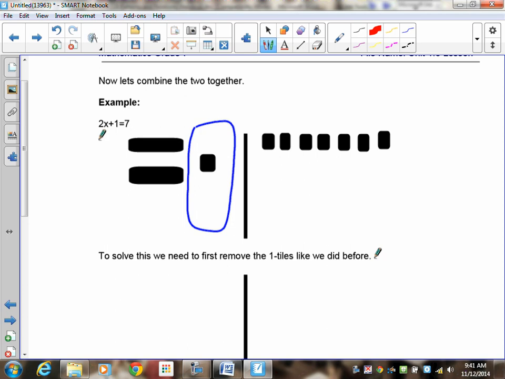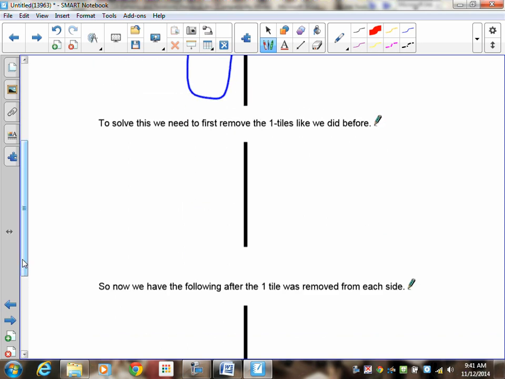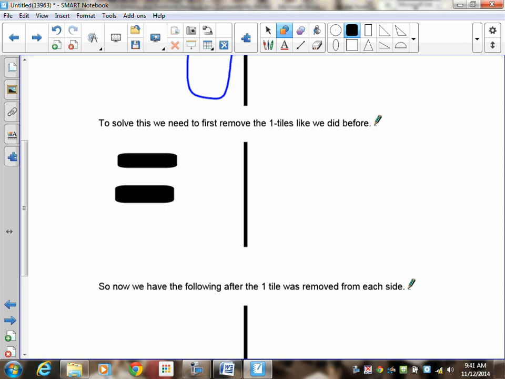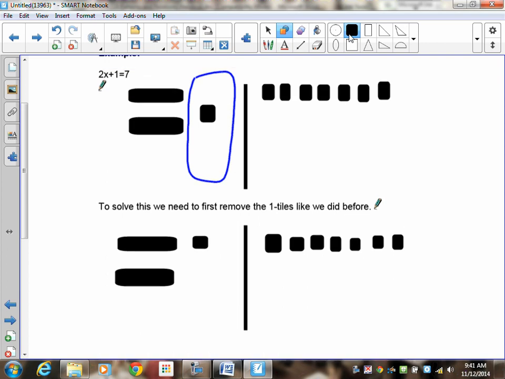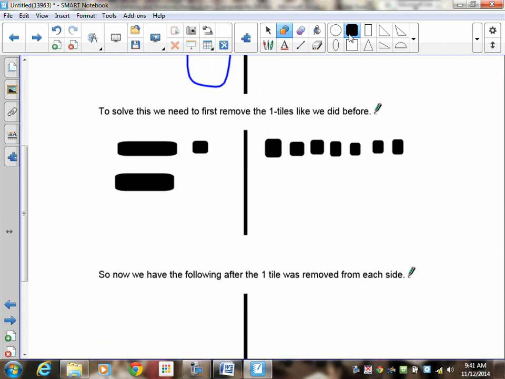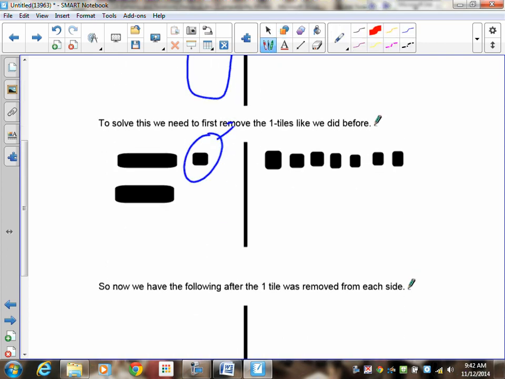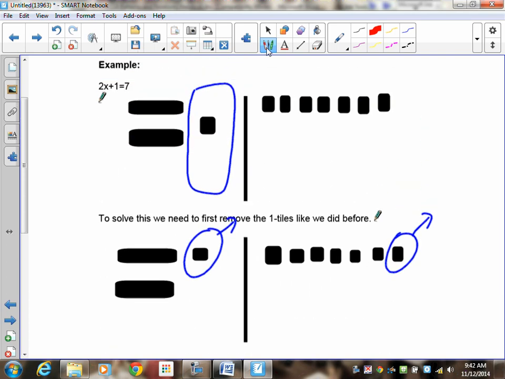So to do that, what this is going to look like is you're going to have your 2x plus 1, 1, 2, and your 1, and 1, 2, 3, 4, 5, 6, 7. That's 7, right? And then this is going to go away. One of those will match one of those. So how am I going to mark this? Well, the first thing I'm going to do is, did you correctly draw it?